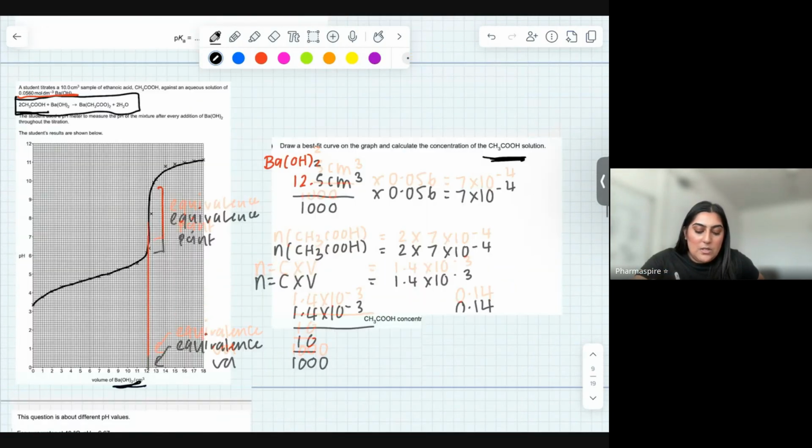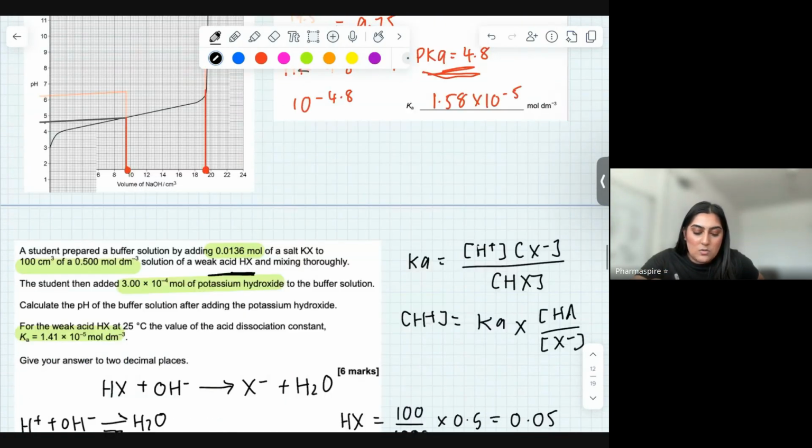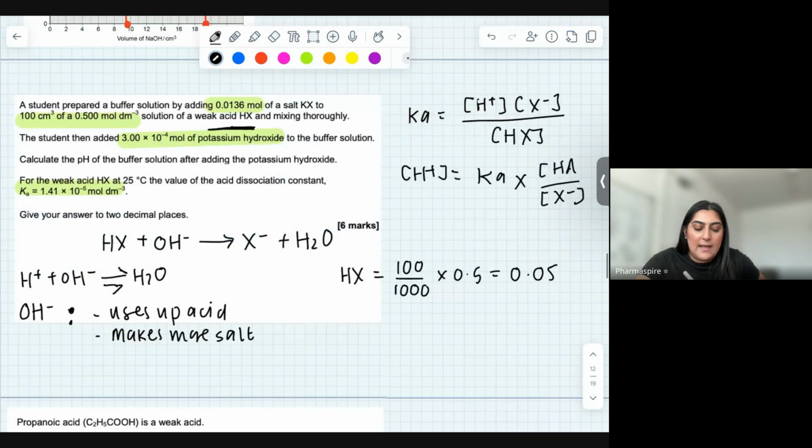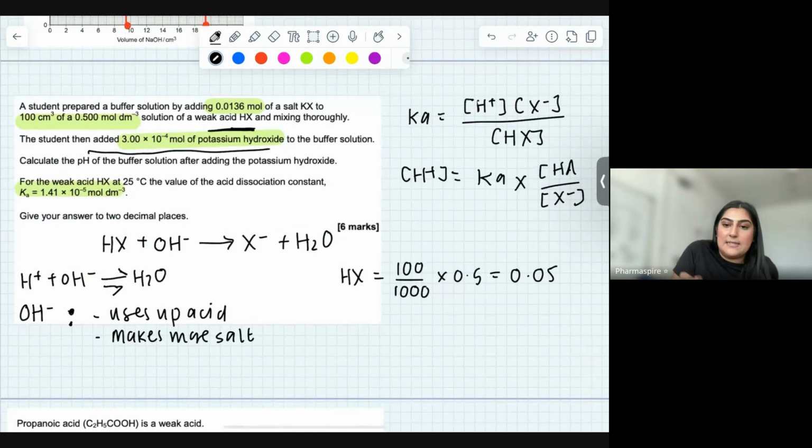Here, we know that we've got a salt. We also know that they have gone and added extra OH. That's when I know to add and subtract, because we've had the buffer originally and we're not just dealing with that anymore. They're adding extra stuff which is causing the changes, so we have to add and subtract. That's how you remember, from the wording of the question.